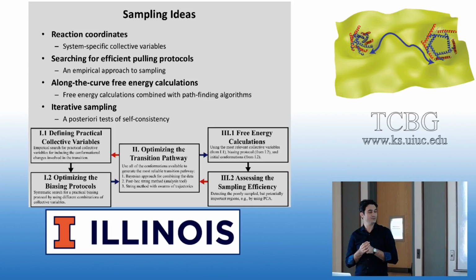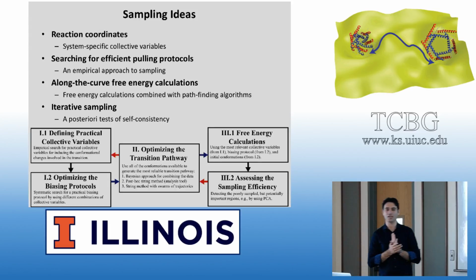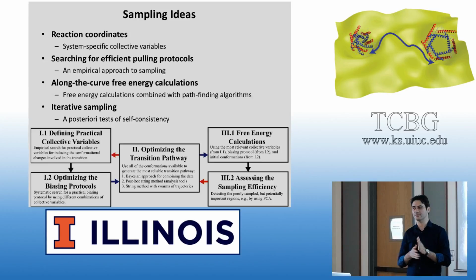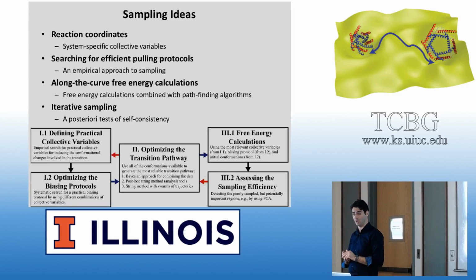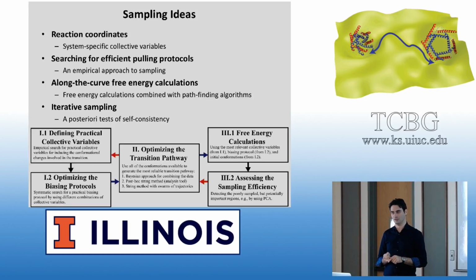One of the ways to do these optimizations is to look at the non-equilibrium work and try to optimize your biasing protocol in general in a way that gives you a non-equilibrium work which is not too large.